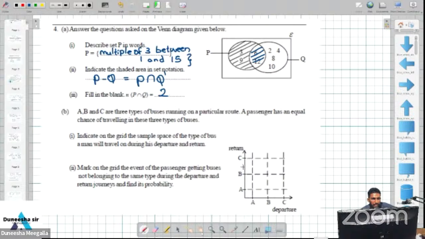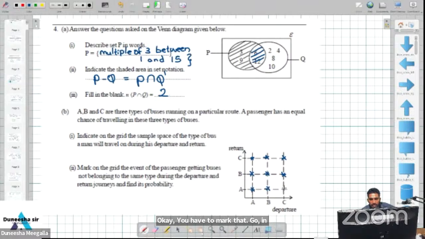Okay, A, B, and C are 3 types of buses running on a particular route. A passenger has an equal chance of traveling in these 3 types of buses. Indicate on the grid the sample space of the types of bus a man will travel on during his departure and return.